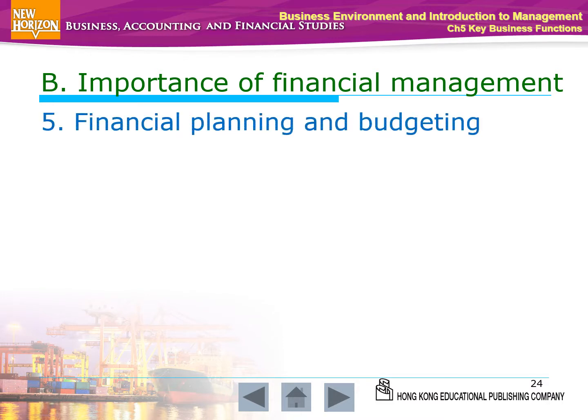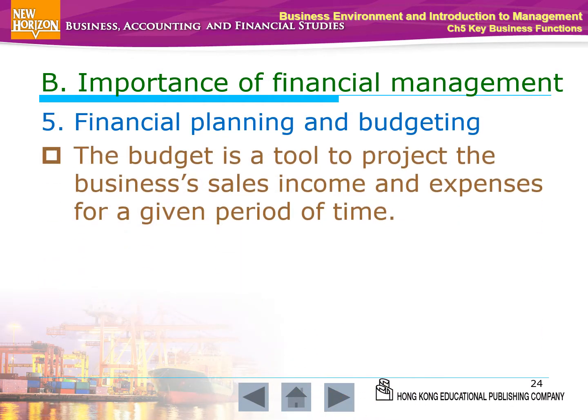Number 5, financial planning and budgeting. A budget is a tool to project the business sales, income, and expenses for a given period of time. Say, for example, 2019 is coming. If you are the financial manager, you will do a budget to project the sales income for 2019, the year to come.